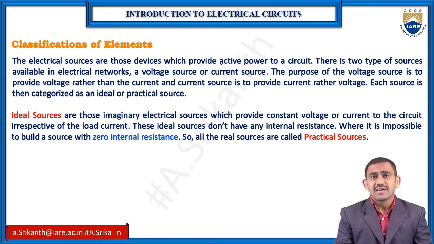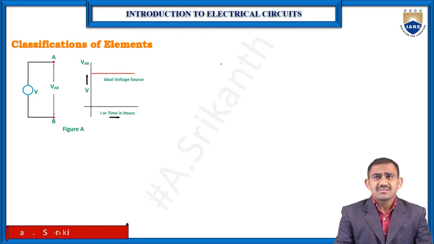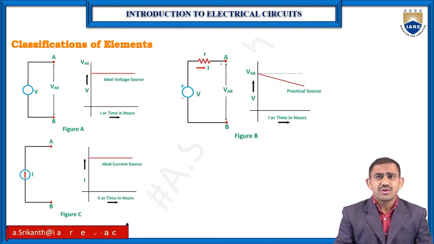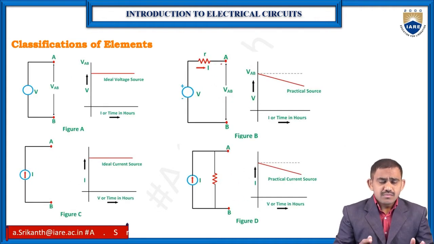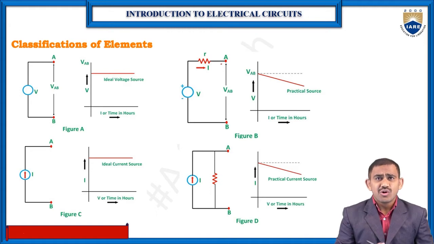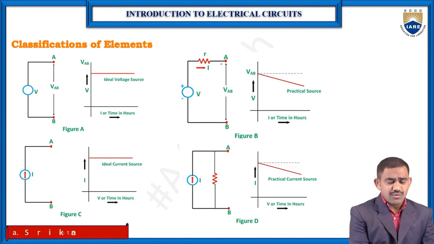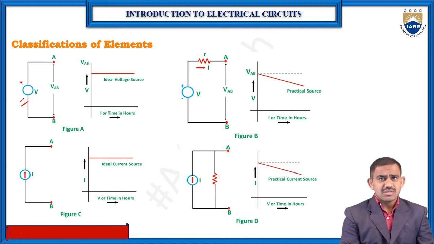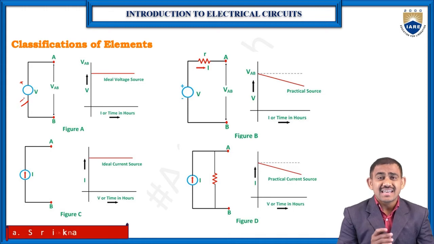Now if you observe those images, we have images 1, 2, 3, 4. Starting is the ideal voltage source. This is a voltage source with positive and negative terminals, and I don't have any internal resistance.